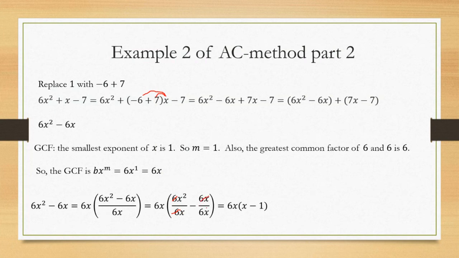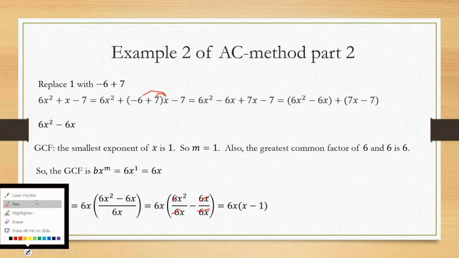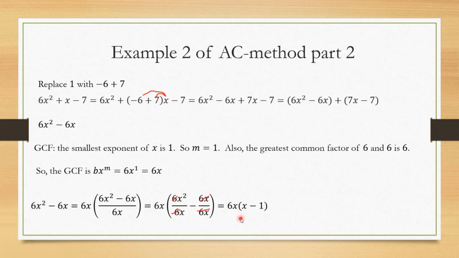Here, the 6x's cancel, and you're left with 1. So we get 6x times x minus 1. So that's for the first group.